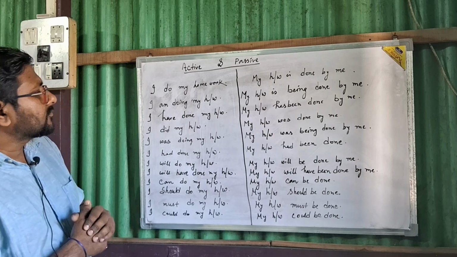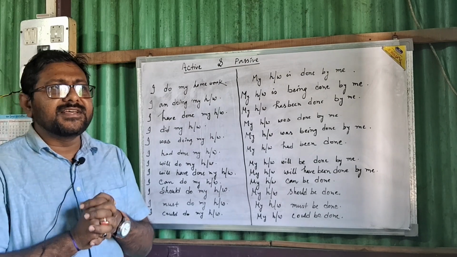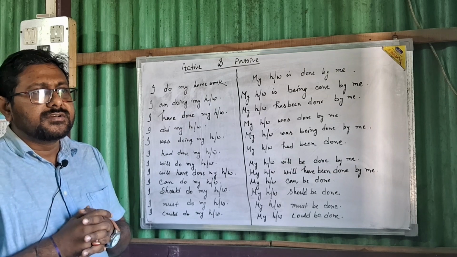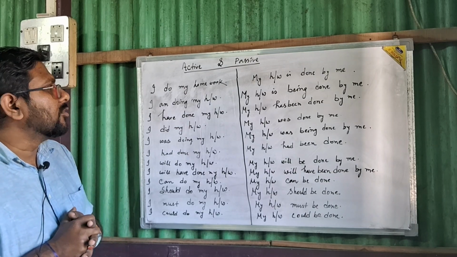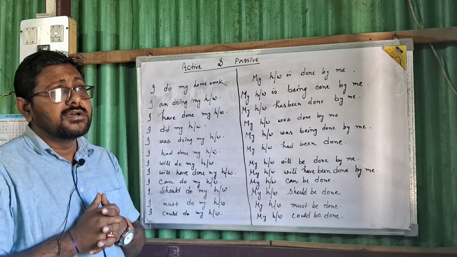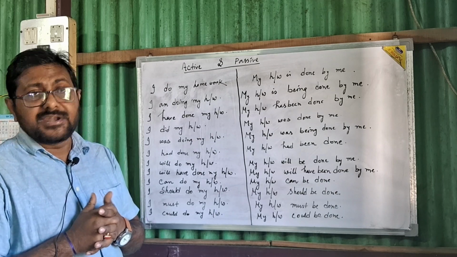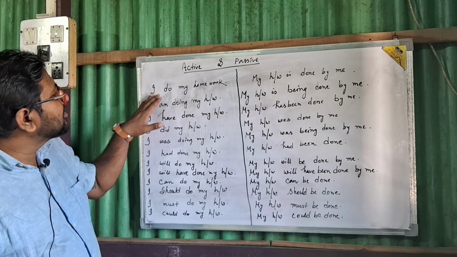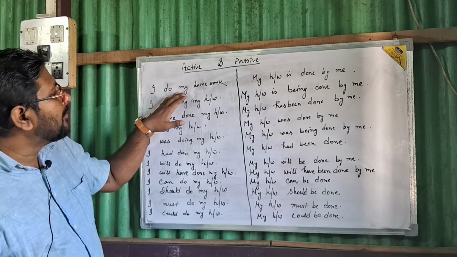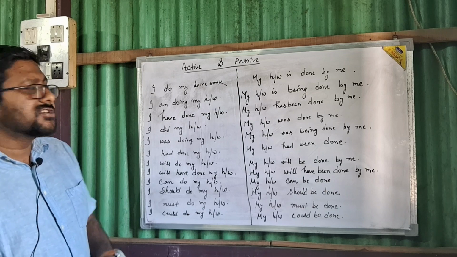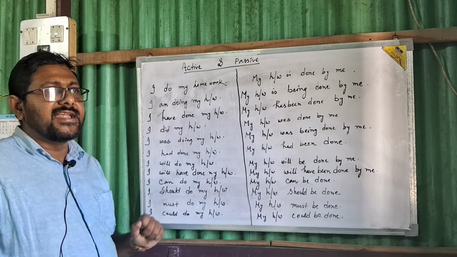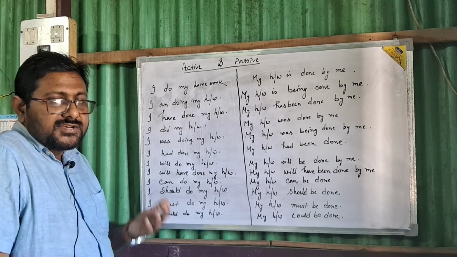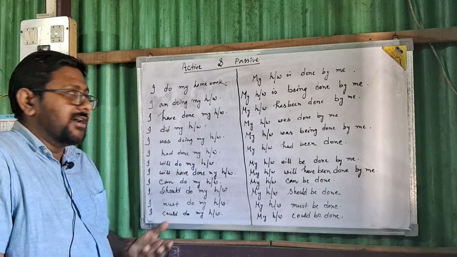Okay, so we all understand that in active and passive it's the sentence. Now, as we know, in a sentence we already have a subject, and we do have a predicate. Now, if I see this particular sentence, which is "I do my homework," first of all I need to understand a few thumb rules on how we can change from active to passive or vice versa.